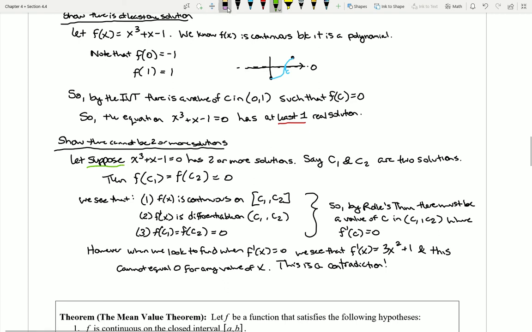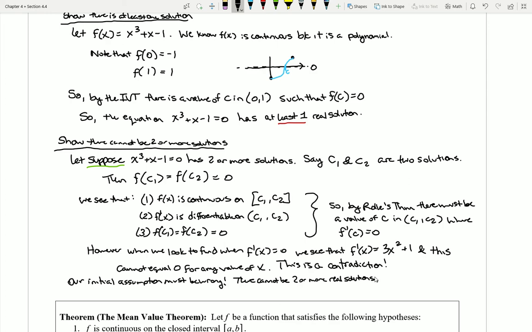And so what we can state here at the end is that our initial assumption must be wrong. It's got to be wrong. There cannot be 2 or more real solutions.